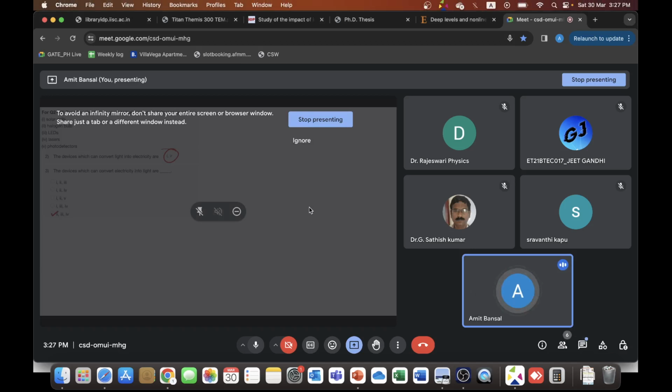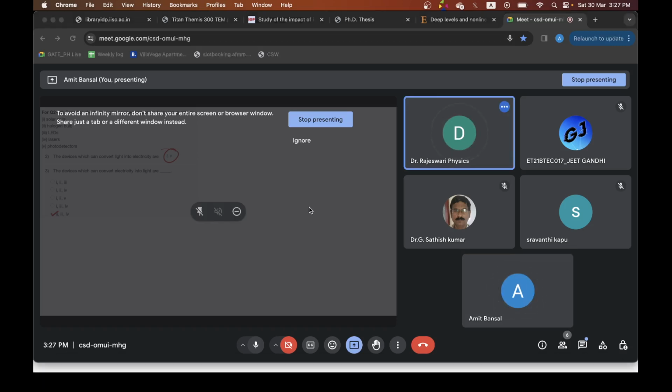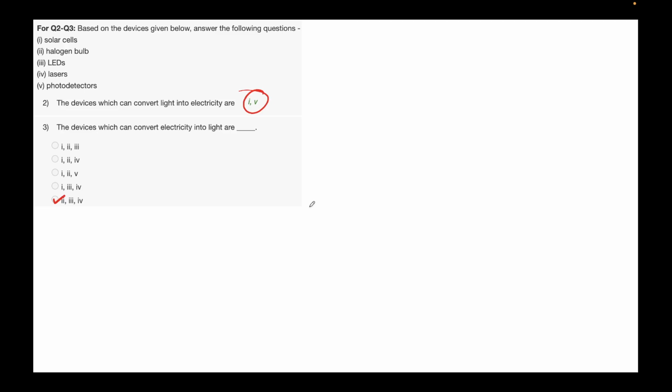I'm sorry, I'm not aware. Go ahead, speak up. Photoelectric cell. So a photoelectric cell, if I recall correctly, is based on the photoelectric effect. So a photon is coming with sufficient energy, it knocks out the electron from here, and now this electron can contribute to the current.